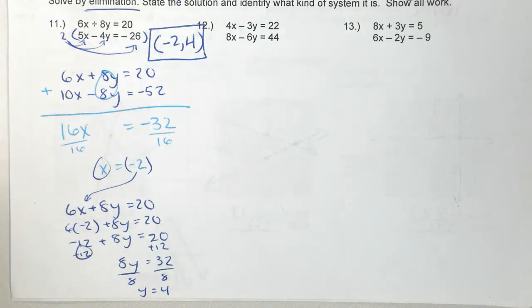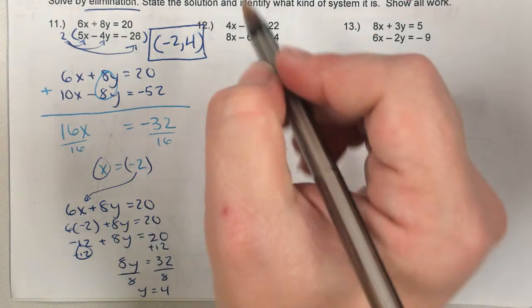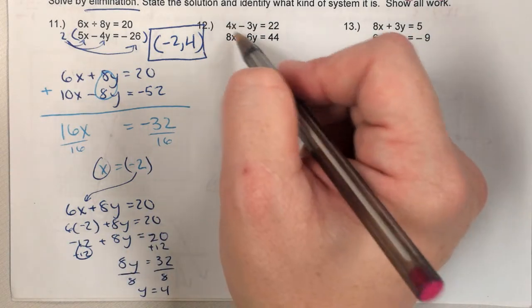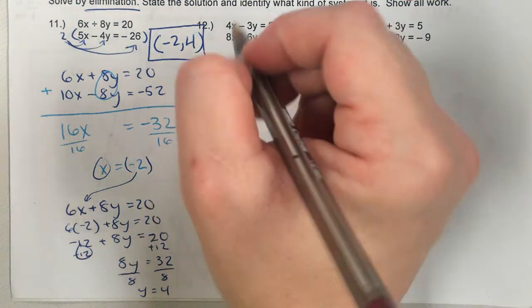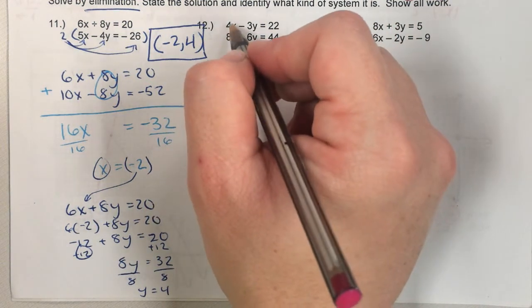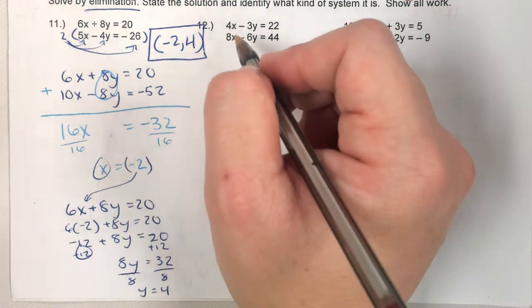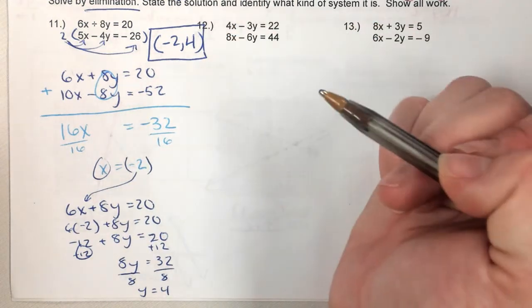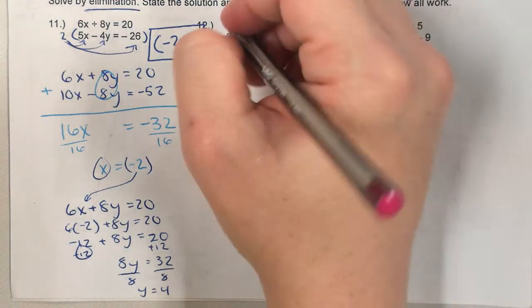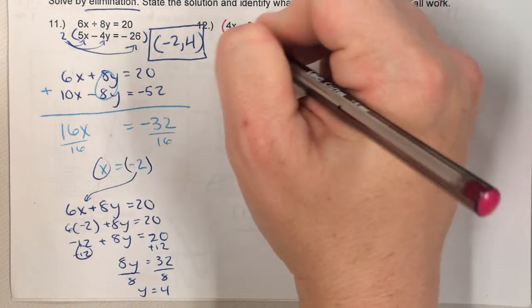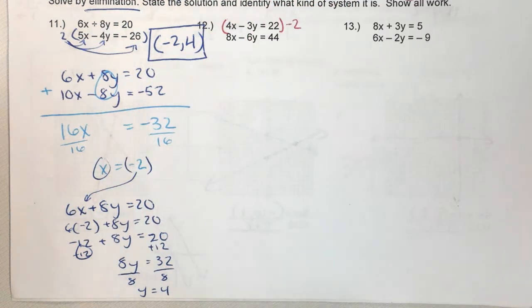Okay, on this one, again, nothing cancels right away. But I can make the x's and the y's both cancel pretty simple. Let's do the x's. They're both positive, so I need one to be negative. Can I turn 4 into an 8? Yes, by multiplying by 2, but I need it to be a negative 8, so I'm going to multiply by negative 2.